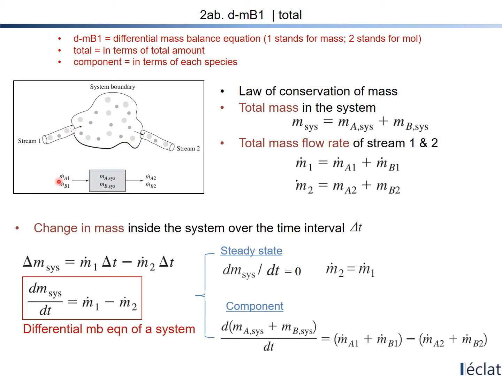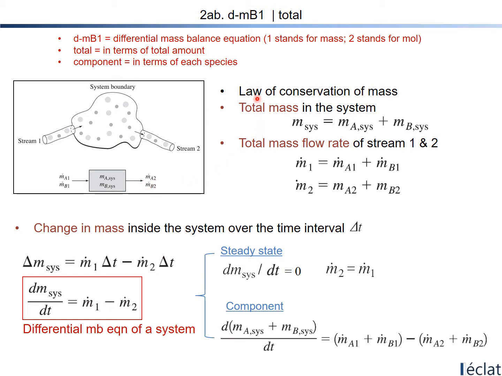Here, some mass of component A and component B is introduced into the system, and then something is accumulated inside the system. Also, some of component A and some of component B go out of the system.